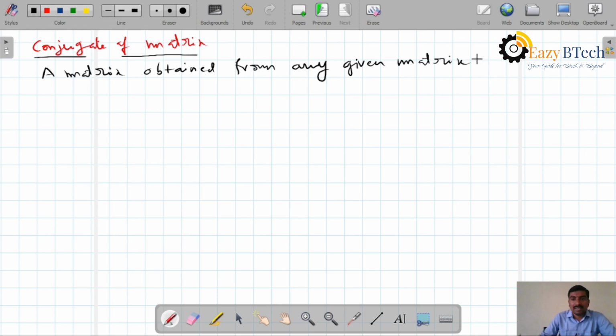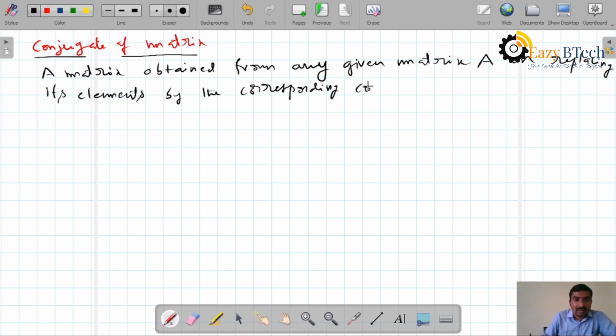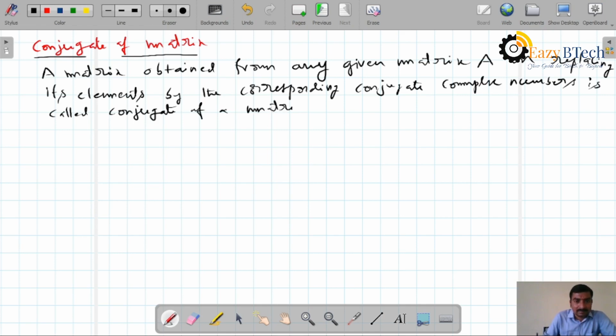A matrix obtained from any given matrix capital A on replacing its elements by the corresponding conjugate complex numbers is called the conjugate of the matrix. It is denoted by A bar.